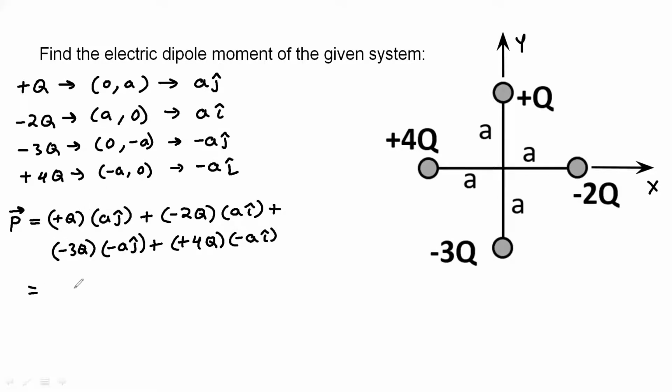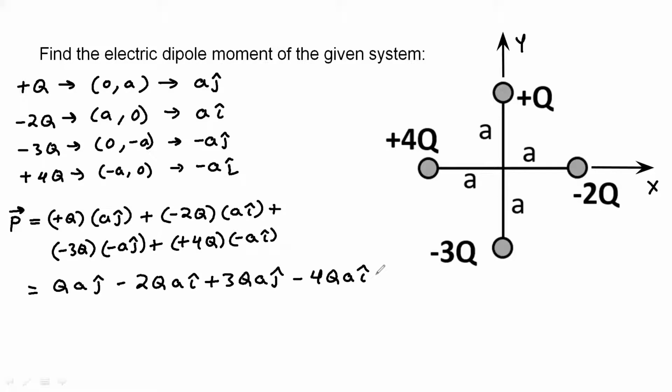What do we get? This is qa j cap minus 2qa i cap plus 3qa j cap minus 4qa i cap.